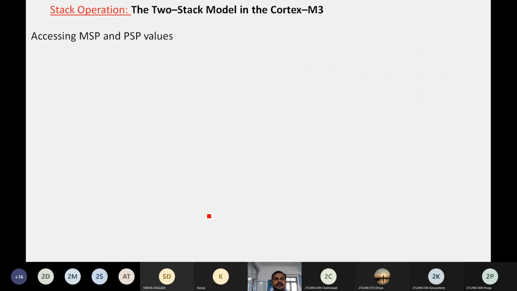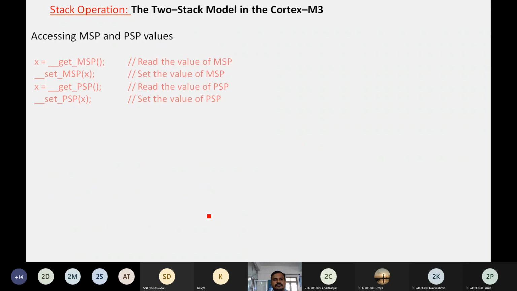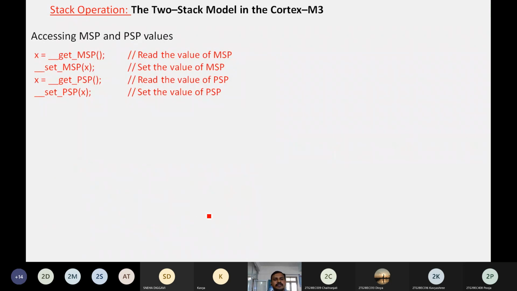So, accessing MSP and PSP values. Here we have the high level language code. Whenever we want to read the value of MSP and PSP, where it is pointing, x equal to underscore get underscore MSP to read the value of MSP.